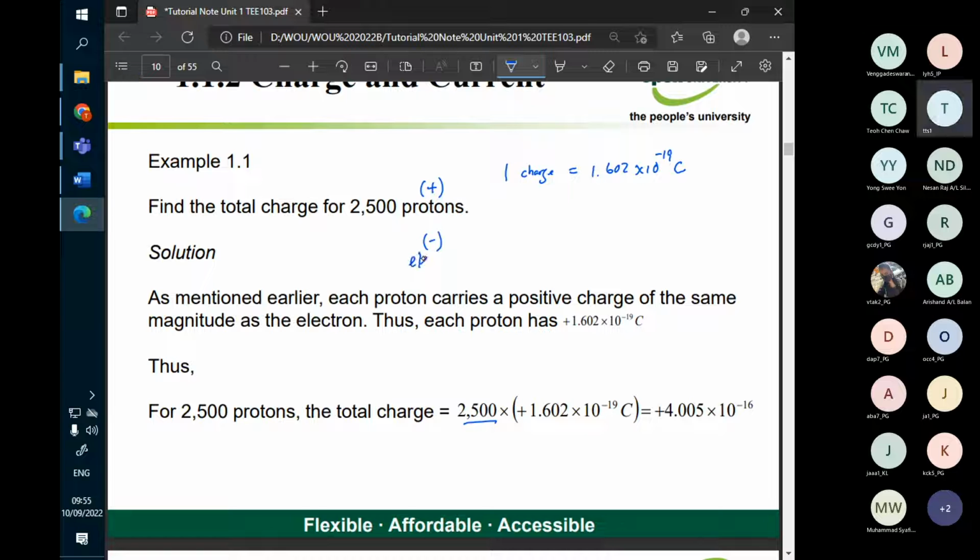Sometimes they will achieve equilibrium, like a battery. Let's say we have a positive and a negative side. Initially at the negative side, we have an excessive amount of electrons.